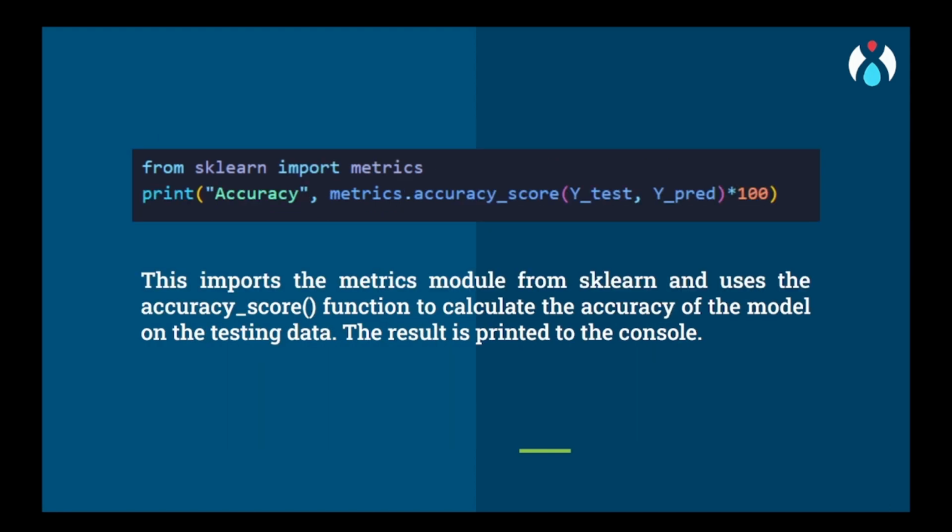Now, after importing metrics from sklearn, we will get the accuracy score, which will tell us the accuracy of our model. Y pred has the predictions for X test, and Y test already has the actual values. When the Y test and Y pred values match, the accuracy score will increase, and thus it will print the accuracy.